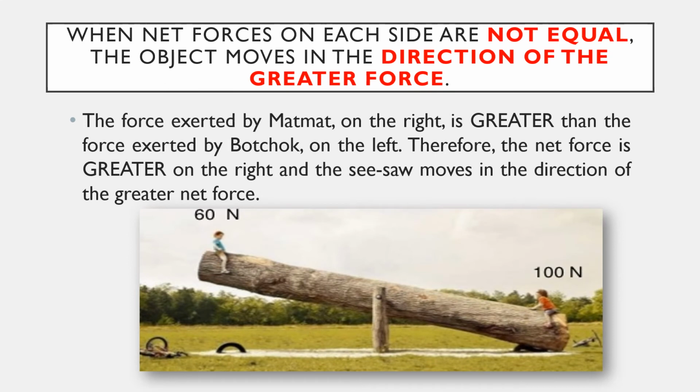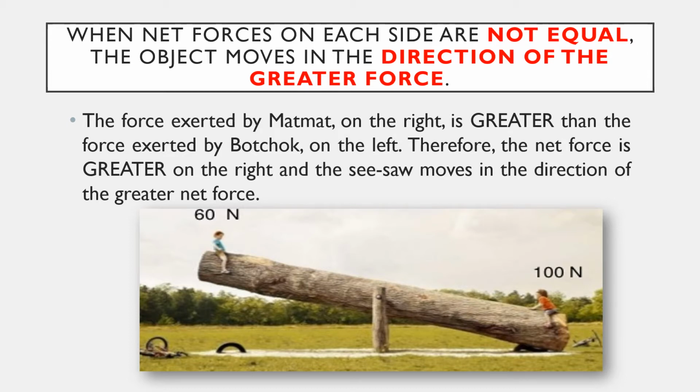Now, try to imagine this one. When net forces on each side are not equal, the object will move in the direction of the greater force. Look at this example of a seesaw. The force exerted by Matmat on the right is greater than the force exerted by Botchok on the left.